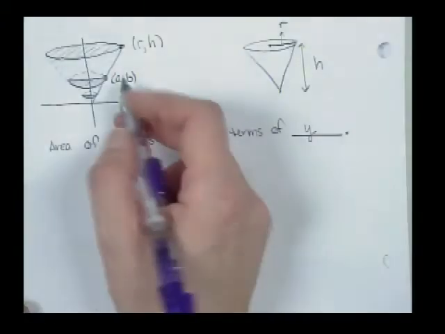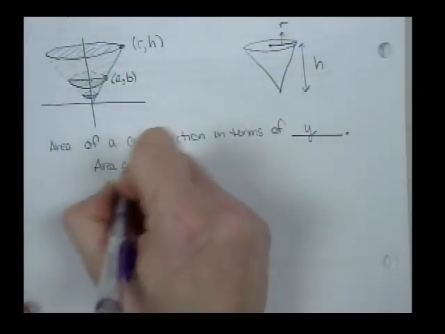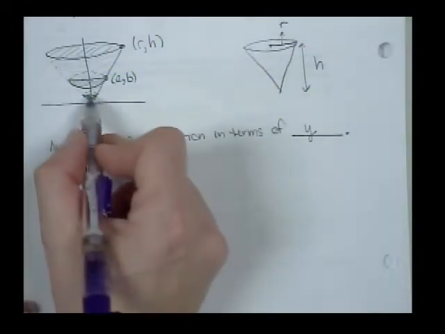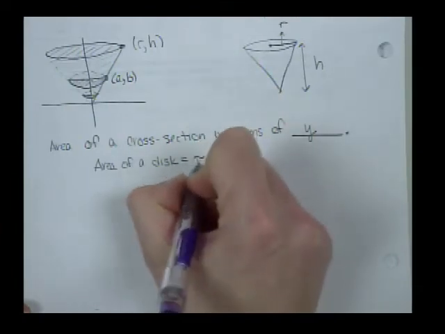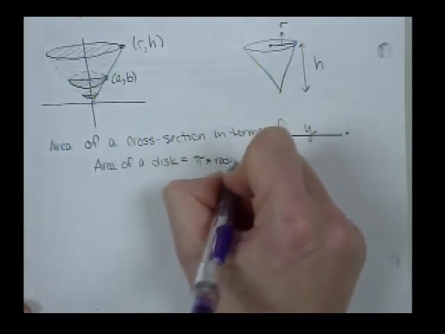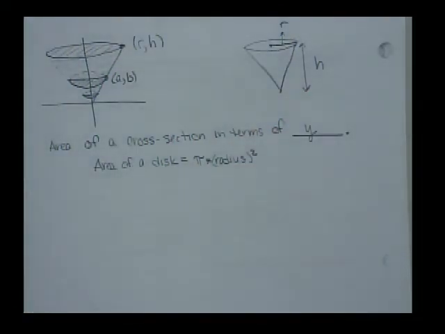Well, the area of a disk, so one of these typical cross-sectional discs is going to be pi times the radius of that disc squared. Now for now, just in terms of A and B, which of those values represents the radius?